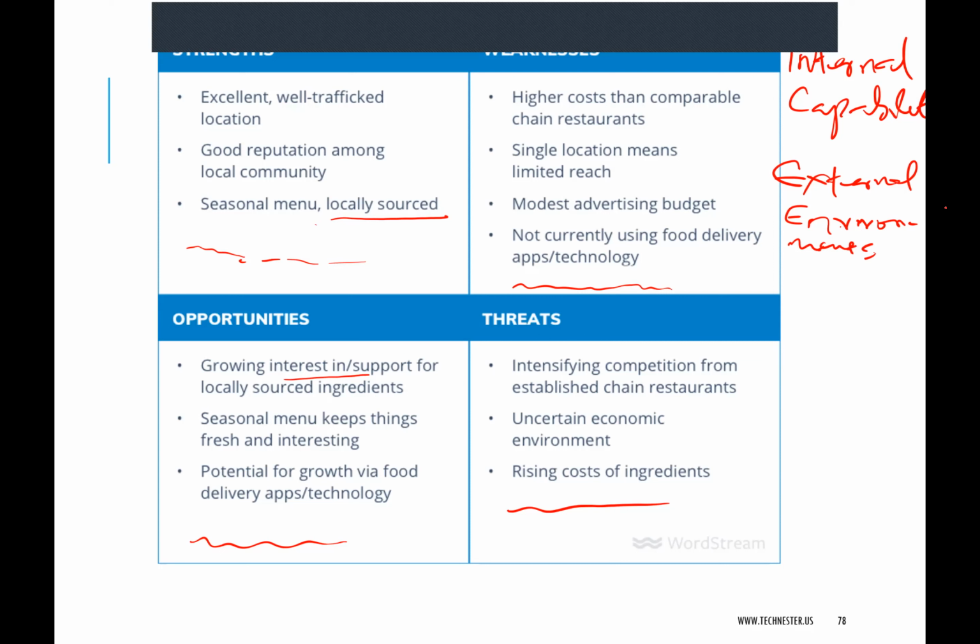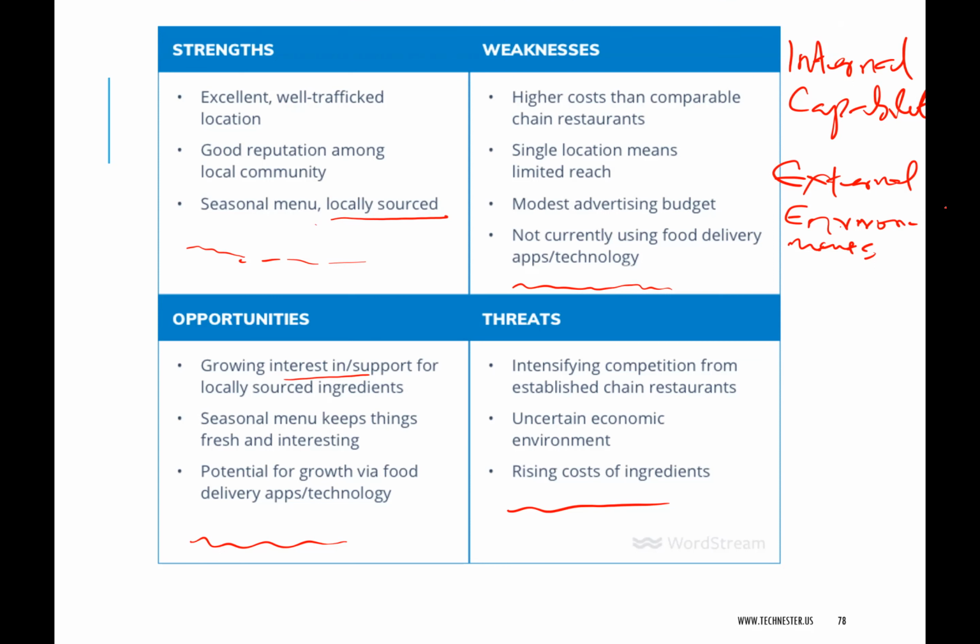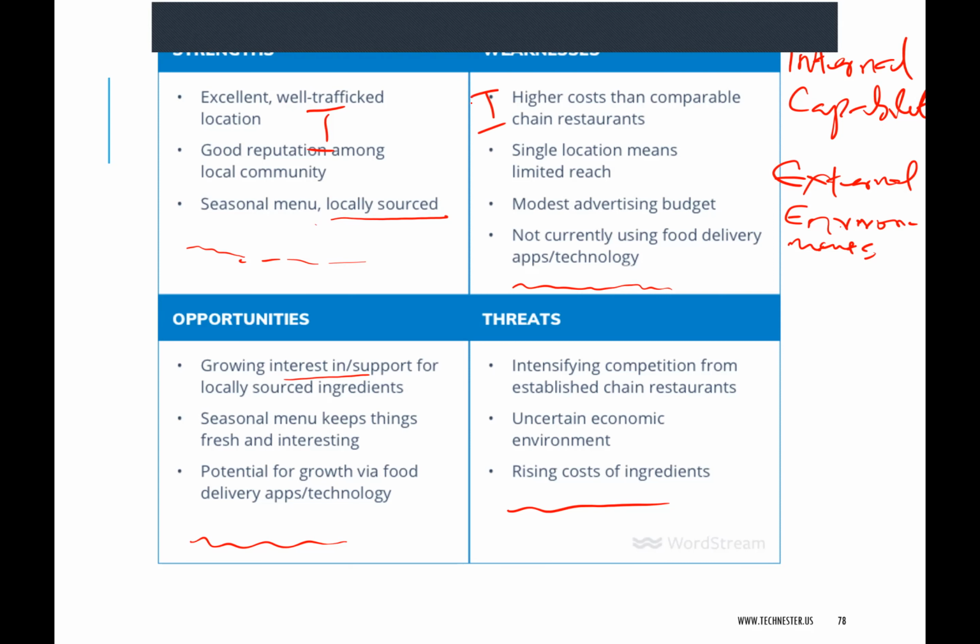Right. So you use one technique to drill down into internal capabilities, to guide you on how to make sure you cover all your bases. So strengths and weaknesses, internal, right? Then you use another technique to explore opportunities and threats, external.